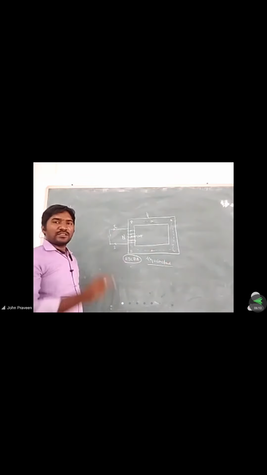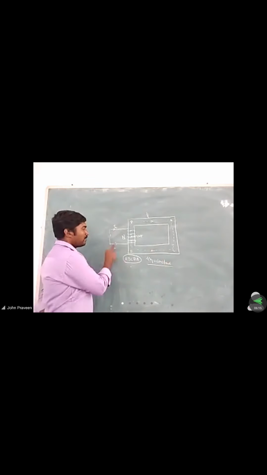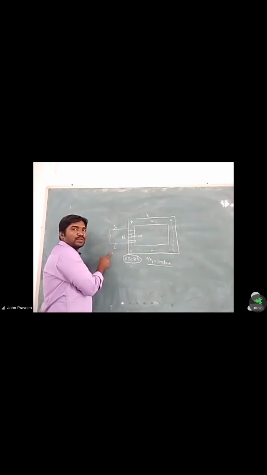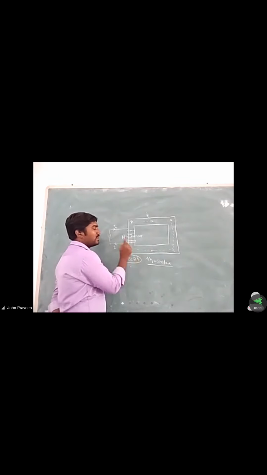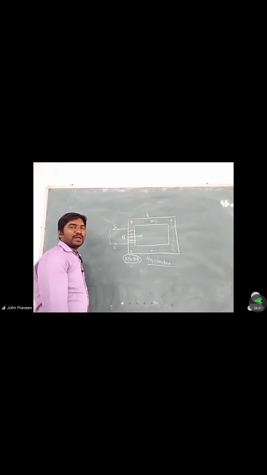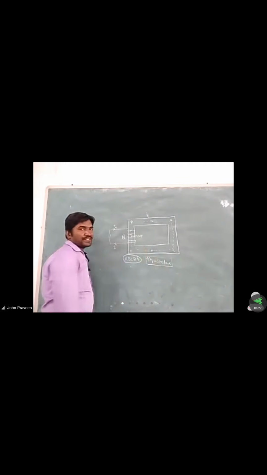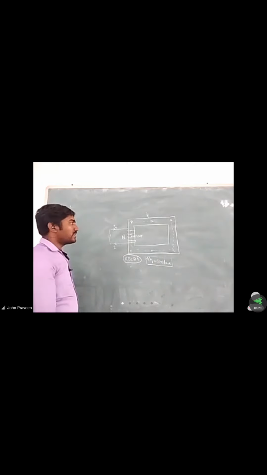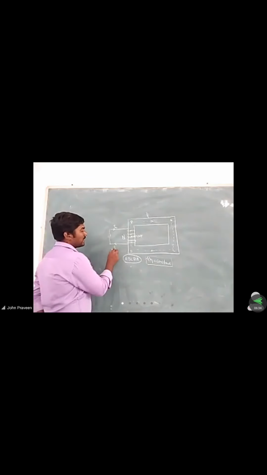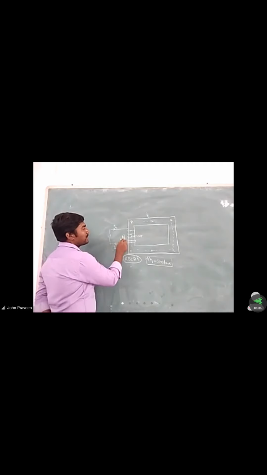It depends on three factors: the number of turns, the current flowing through that coil, and the relative permeability of the magnetic material. But here we assume mu r is a constant. So what are the rest of the things? Only two things: the current and the number of turns.